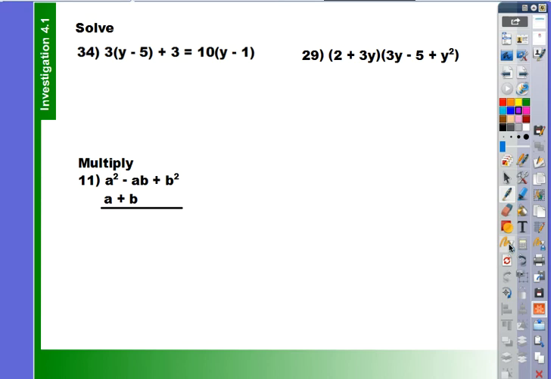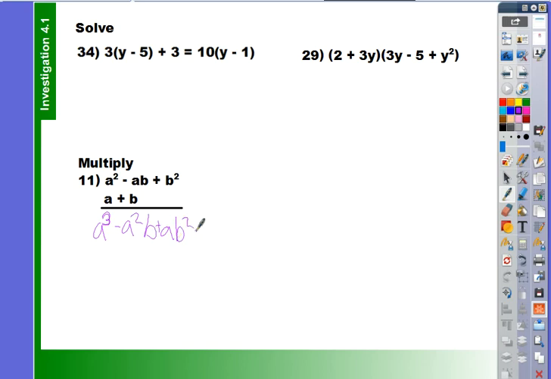Okay, so a times a squared is a to the third. And then a times negative a is negative a squared, and then a times b is ab. And then a times b squared is ab squared.